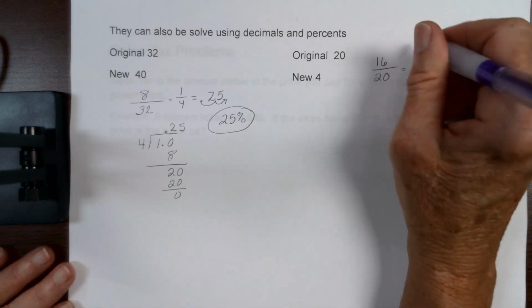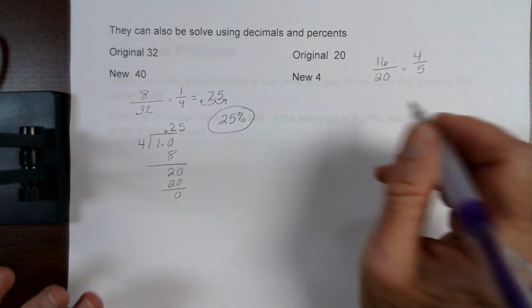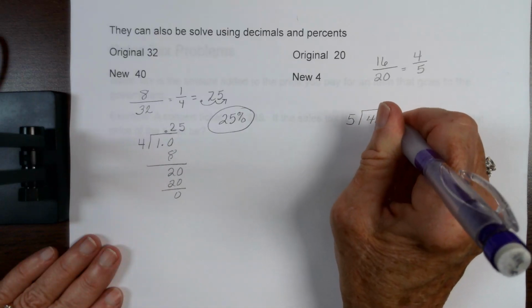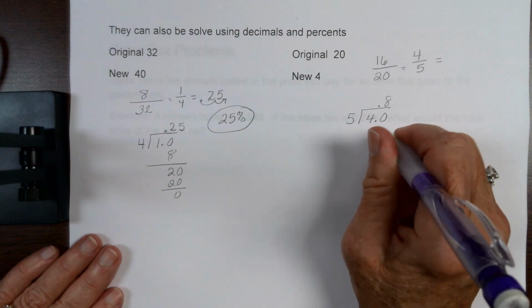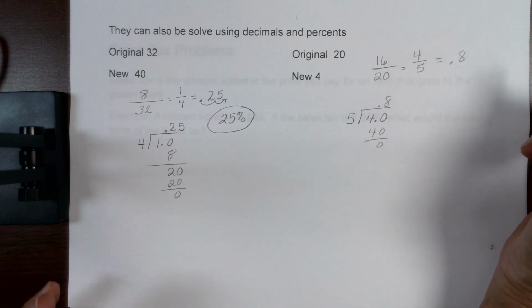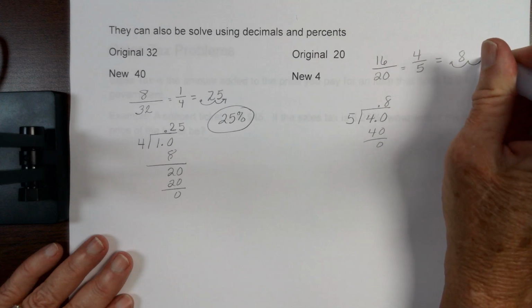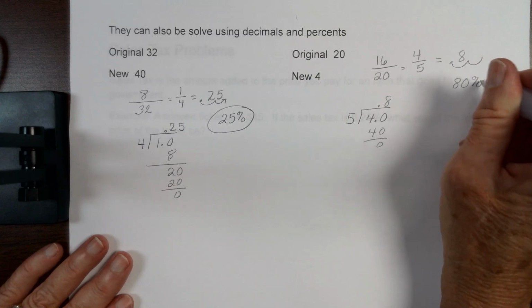If I reduce it to lowest terms, I'm going to have 4 over 5. So I'm going to take the 5, divide it into the 4. It goes decimal 8 times. Comes out even right there. So I get decimal 8. Well, to make a decimal into a percent, I have to move the decimal 2 places to the right. So that's going to give me an 80%.